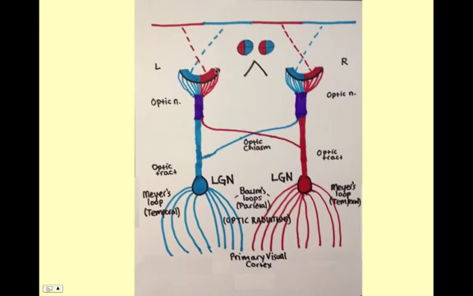Because of the concave shape of the eye, if you were to draw a 90-degree ray from the retina, it would join with the opposite visual field. So here's our left visual field. It makes a 90-degree angle with the retina on the right-hand part of the eye.